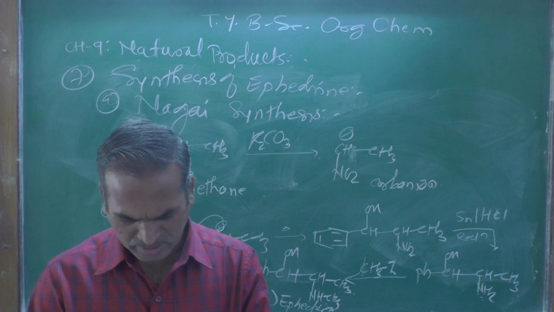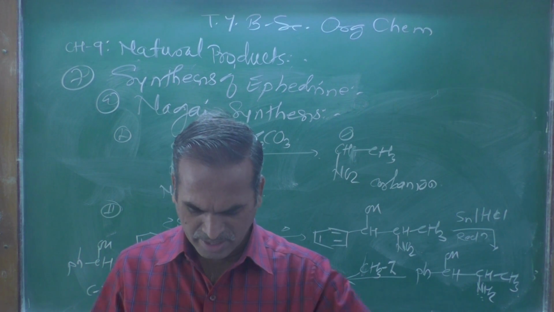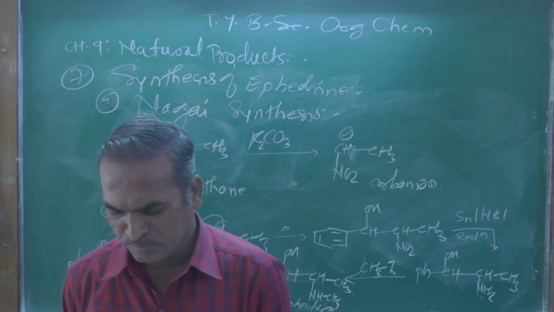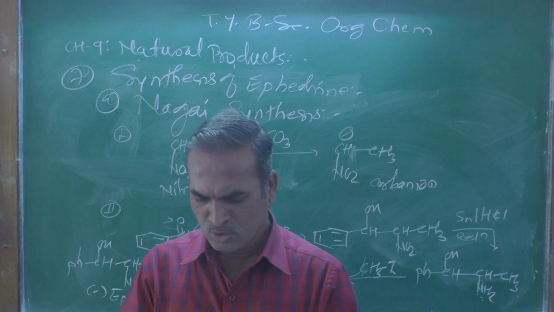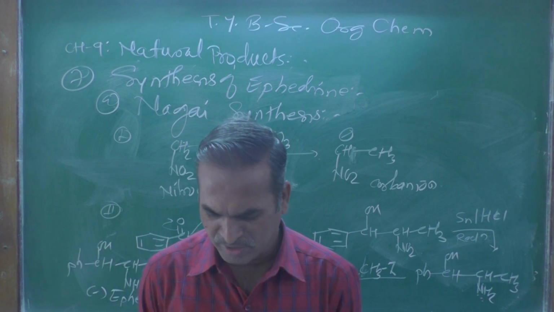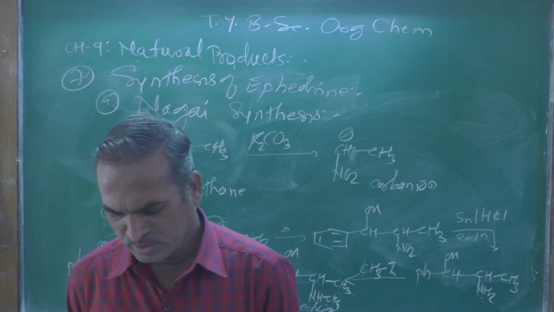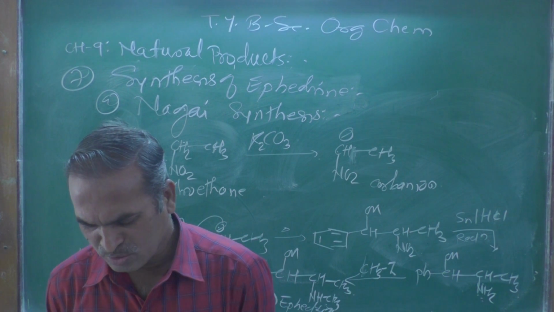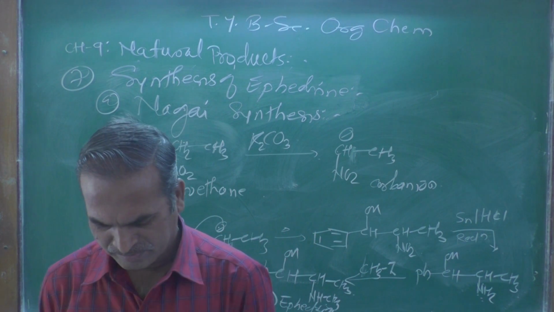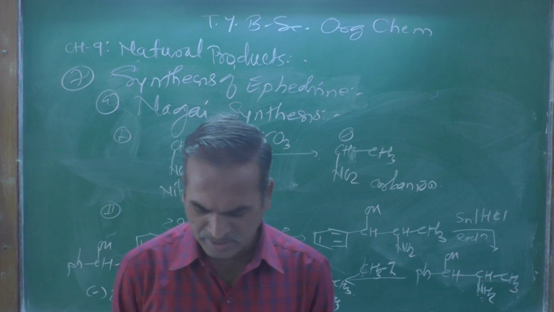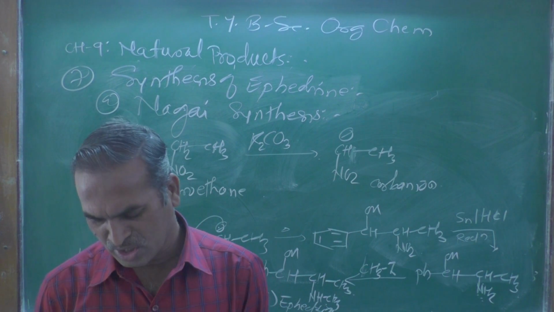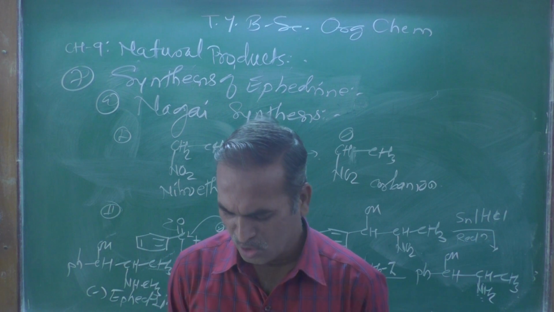Then give the evidence for presence of aldehyde group in citral, or how will you prove the presence of N-CH3 group in ephedrine, or how will you prove the presence of a secondary alcoholic OH group in ephedrine, or how will you prove the presence of gem-dimethyl and isopropylidene group at 1,4 position in citral, or give the Nagai synthesis of ephedrine, or maybe write notes on Emde degradation, Hofmann exhaustive methylation, von Braun degradation.